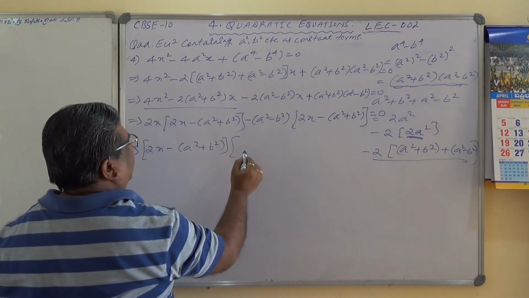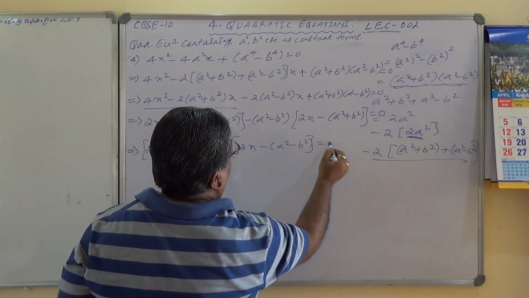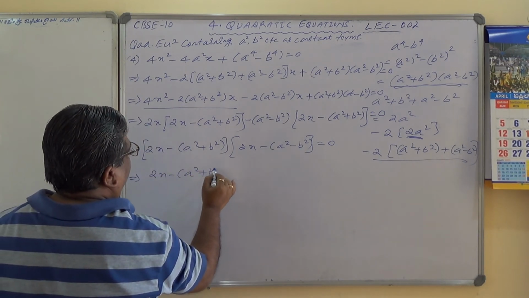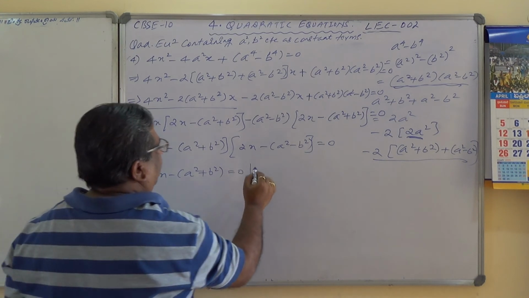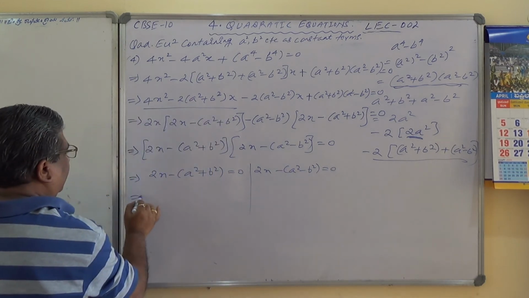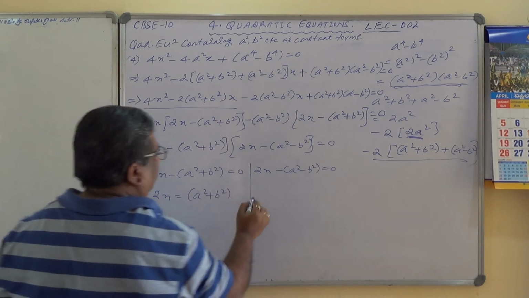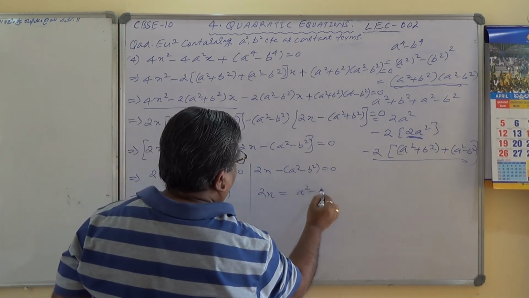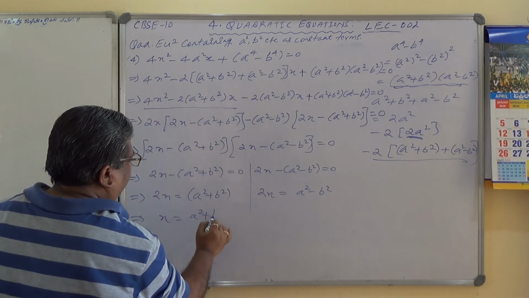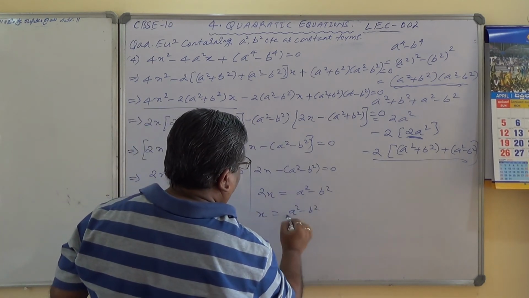Common into bracket 2x minus a square minus b square equals 0, so a square plus b square, and 2x equals a square minus b square, implies x equals a square plus b square by 2 and x equals a square minus b square by 2.